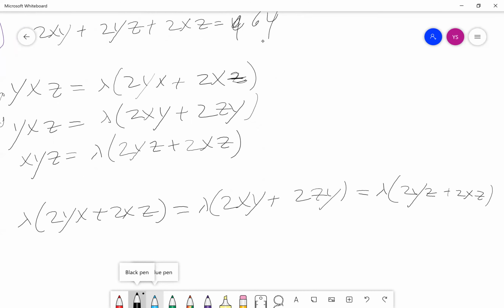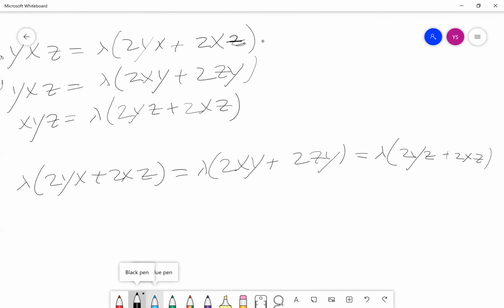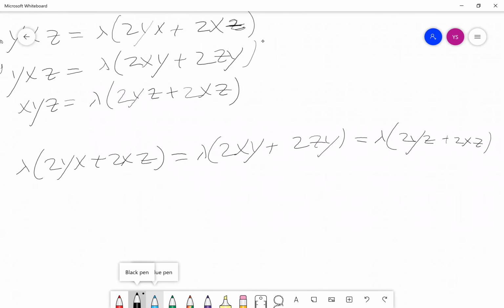Now we can assume the lambda is not 0. That is just something we can generally assume. So we can erase the lambdas, and this is what we get, these equations.